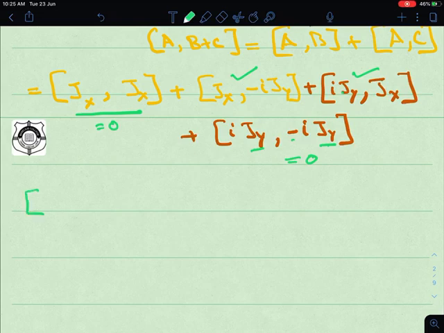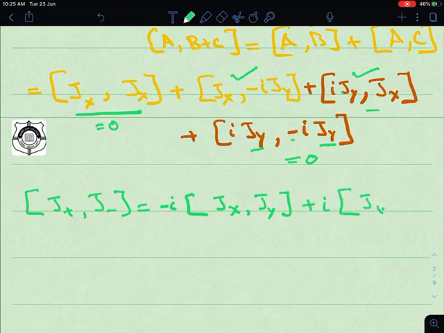So this we can rewrite: [J plus, J minus] is equal to minus i taken outside [Jx, Jy], plus i taken outside [Jy, Jx]. Now what is [Jy, Jx] in terms of [Jx, Jy]?